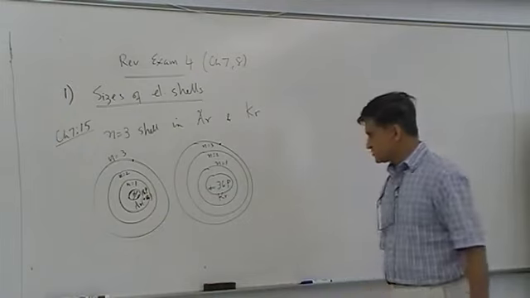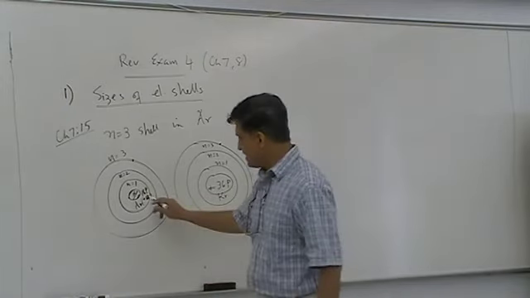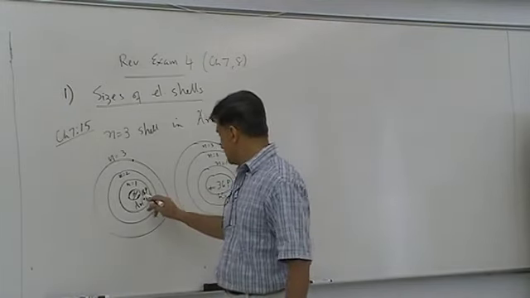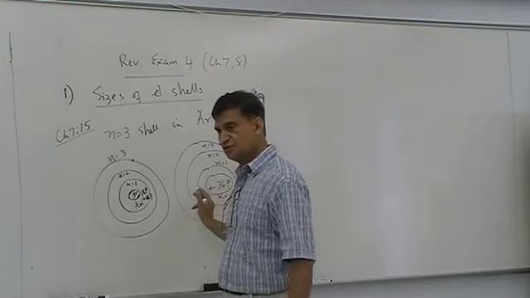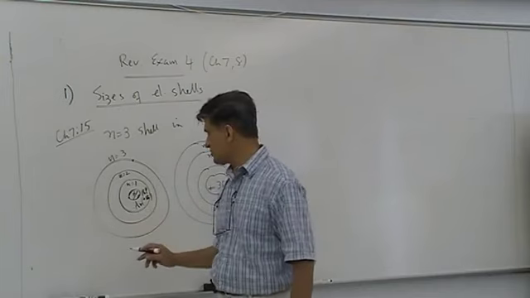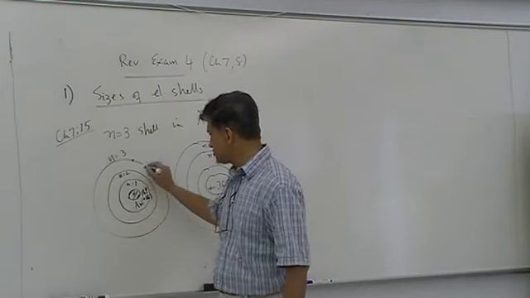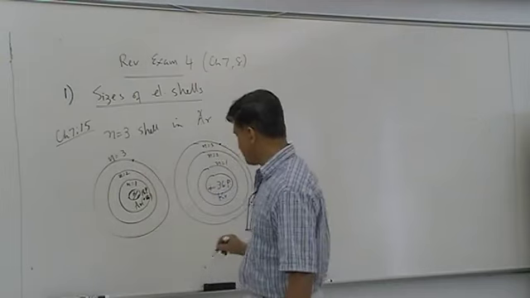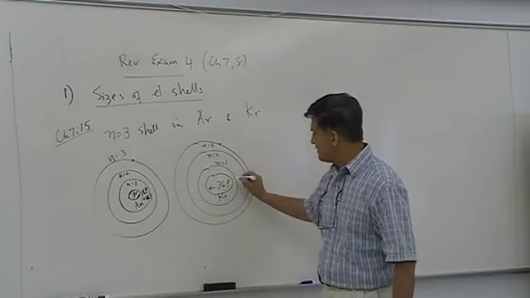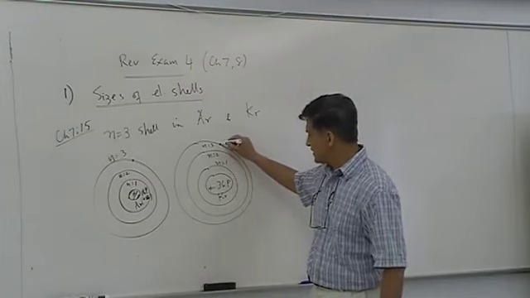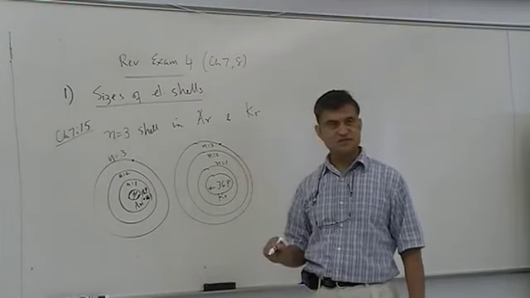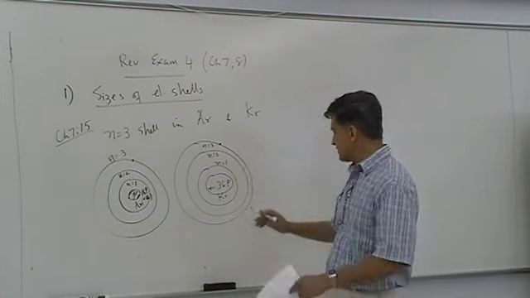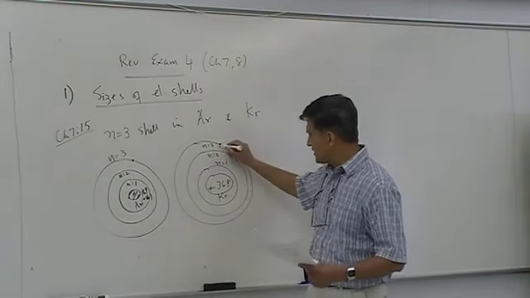From our common sense, we know that having 18 protons, and in this case having 36 protons, there is a difference in attractive force. 18 protons attracting the electron sitting at n equals 3 would be less than attracting electrons sitting at n equals 3 when you have 36 protons. So because of the greater attraction, these electrons get closer.